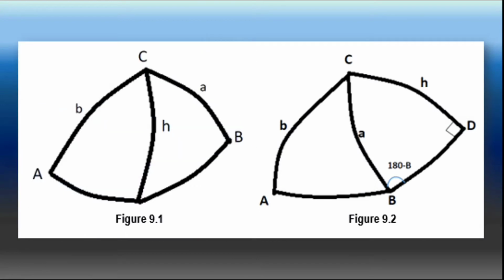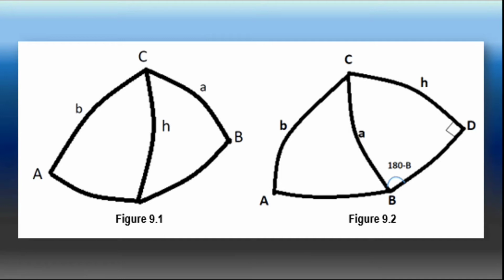As you can see, these are the examples of oblique spherical triangle. We have the angles, the vertices A, B, and C, in figure 9.1.